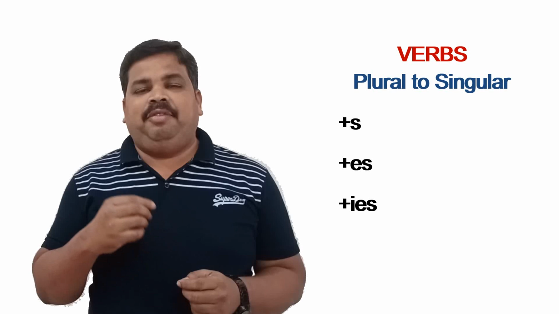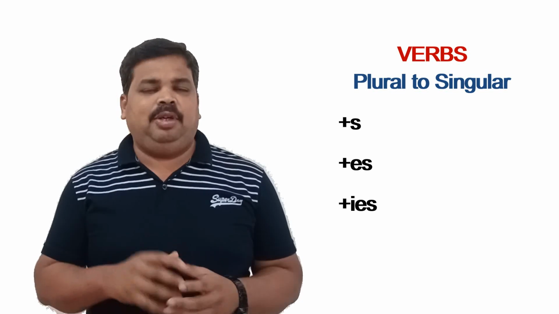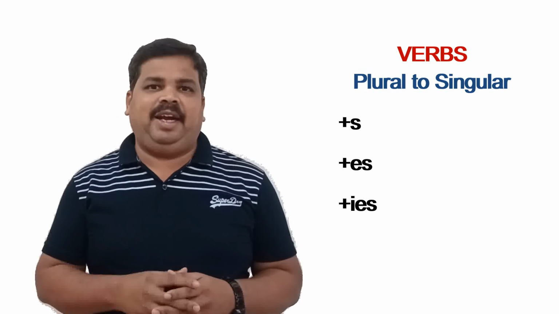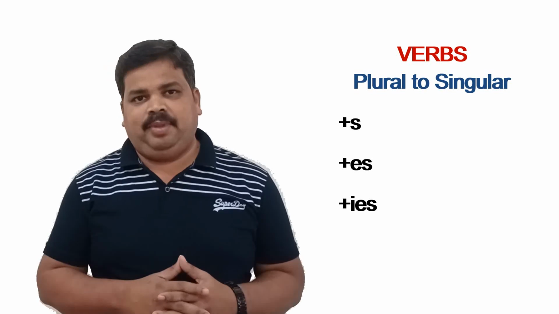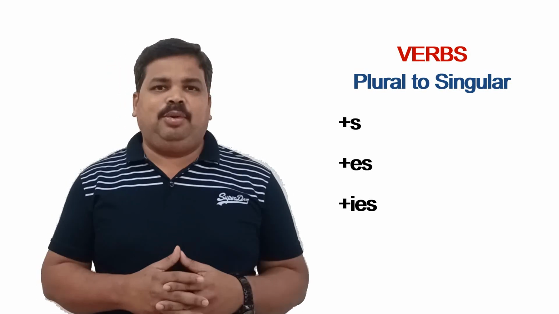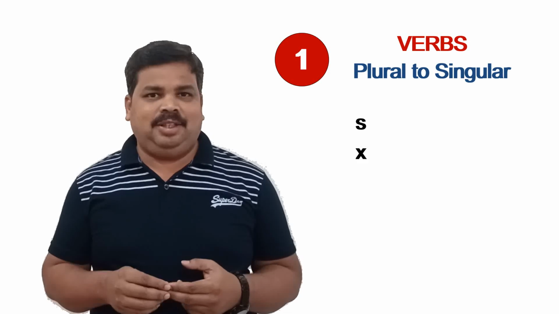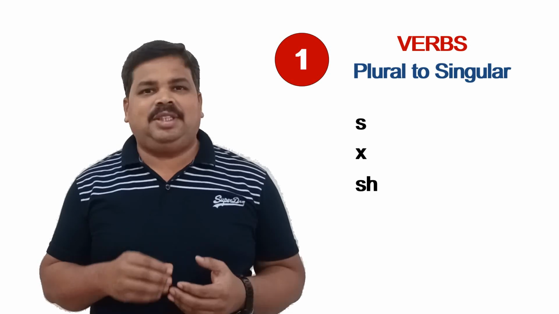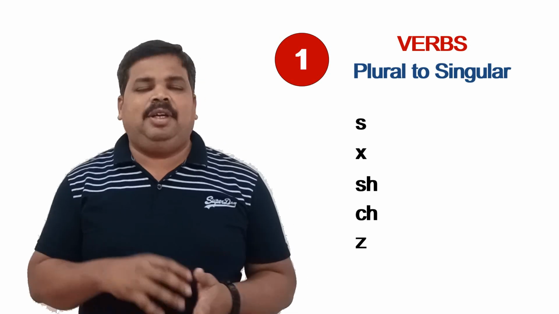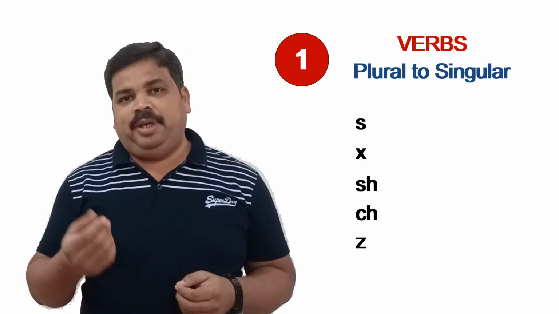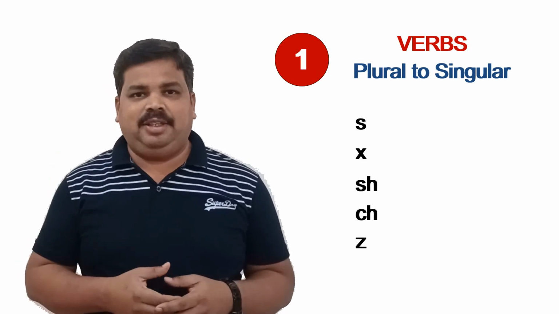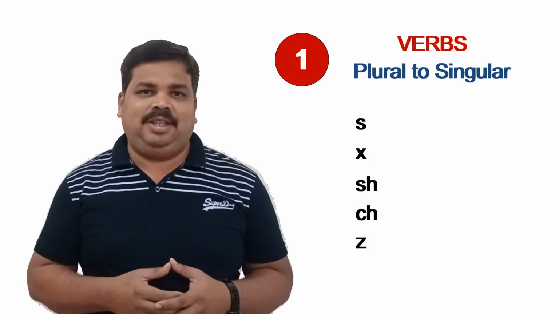That is, we either add s at the end of a verb, or we add es, or we add ies at the end of a verb. As I told, the rules almost remain the same for the conversion. When a verb ends with either an s or an x or sh or ch or z, we normally add es at the end.